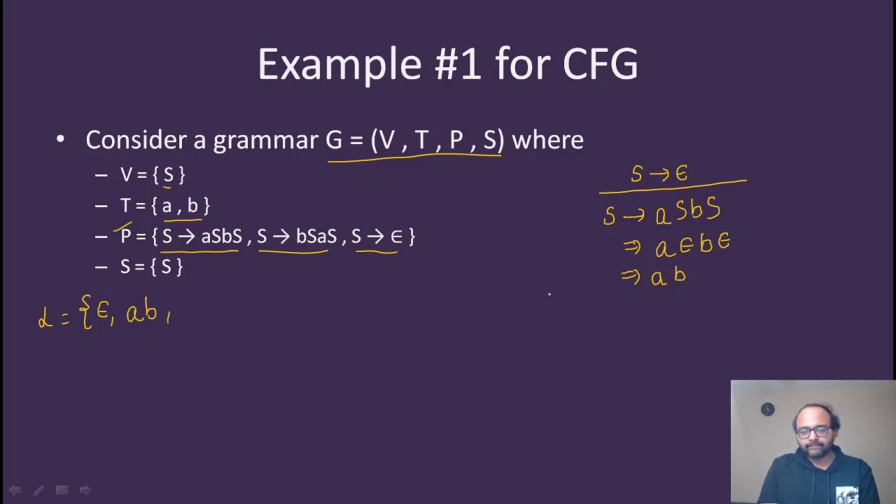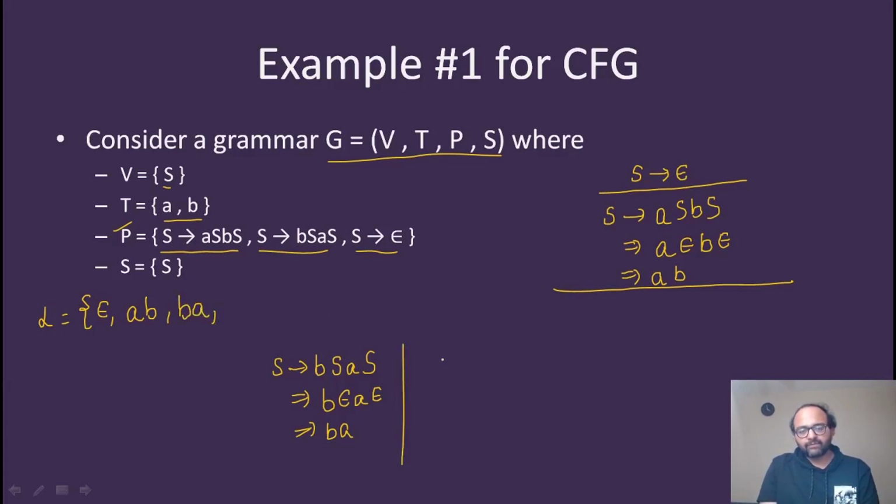Similarly, consider capital S tends to small b capital S, small a capital S. Here we can substitute capital S as epsilon, so b epsilon, a epsilon, it will be ba.